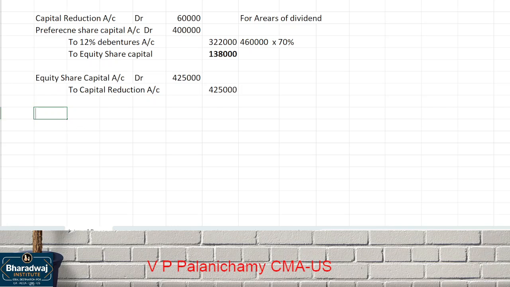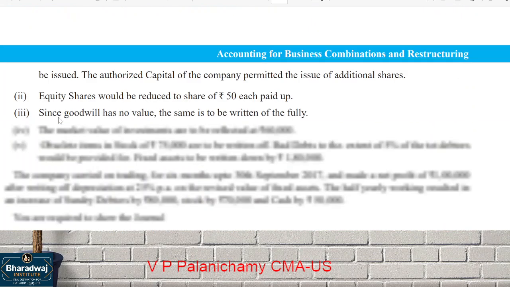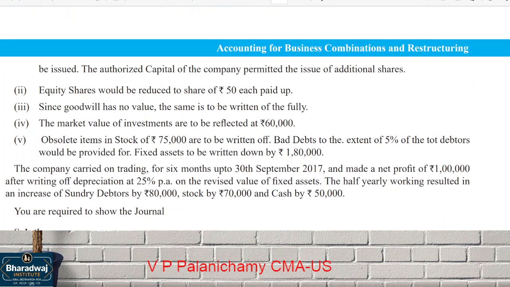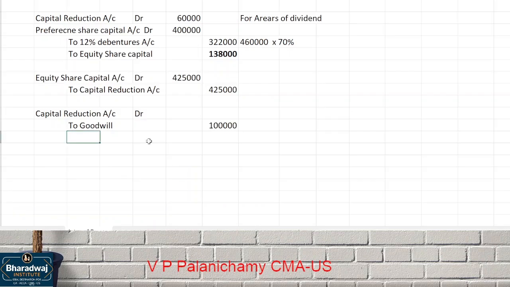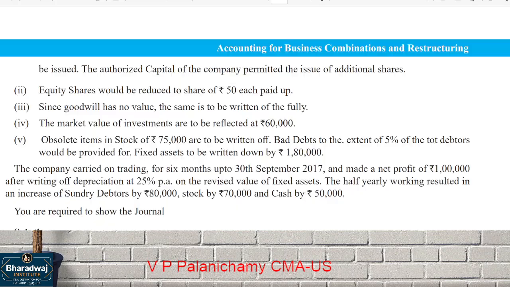Let us pass the entry. What entry will we pass? Take it up. Capital reduction account debit to goodwill. How much are they asking you to write off? Full 1 lakh. Then what else? Stock. What is the stock value? 75,000.